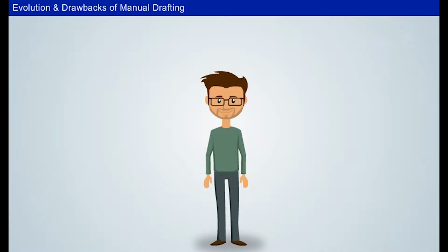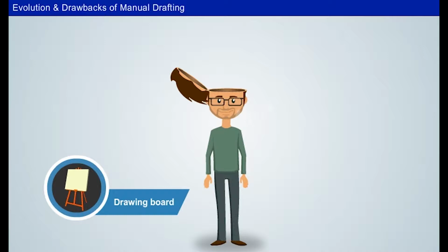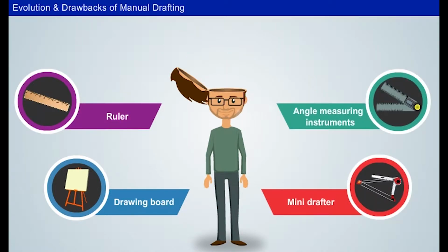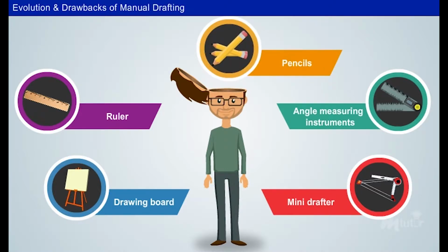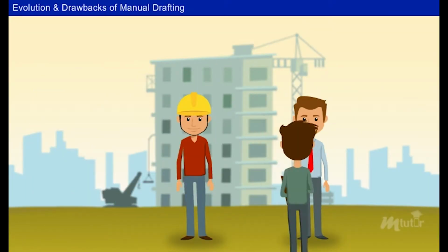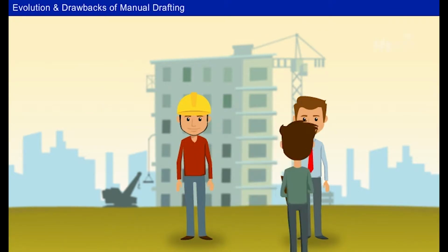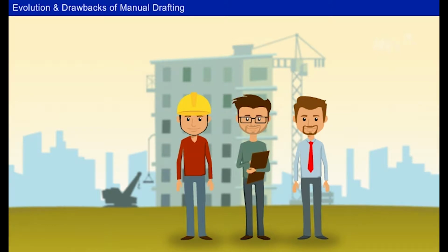This person used manual tools such as drawing board, mini drafter, rulers, angle measuring instruments, and various sets of pencils. And also, they followed certain specifications of architects and engineers for creating the drawings manually.